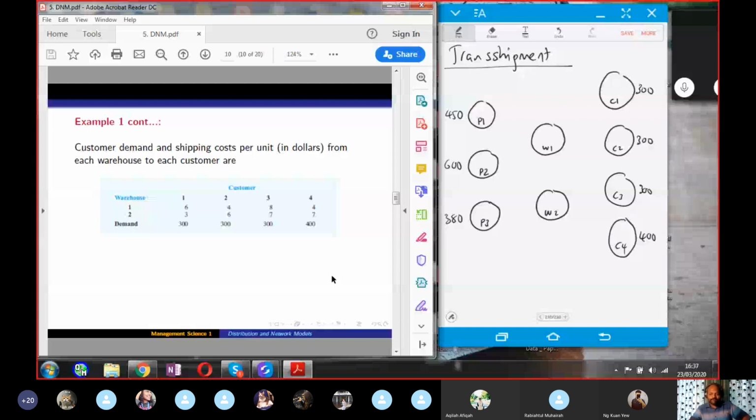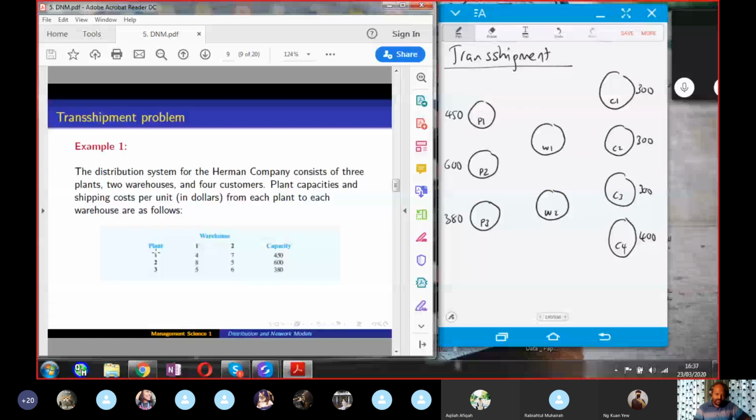All right, after this, exactly the same as what we did for transportation, plant 1 can distribute its product to warehouse 1 and warehouse 2. So it goes like this: warehouse 1, warehouse 2. Plant 2 also can distribute, and plant 3 also can distribute.